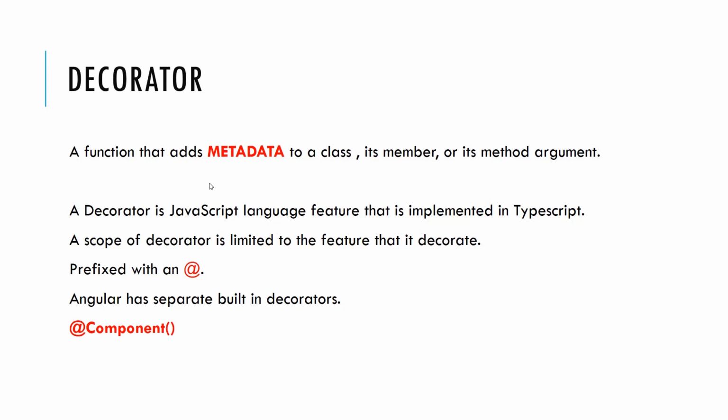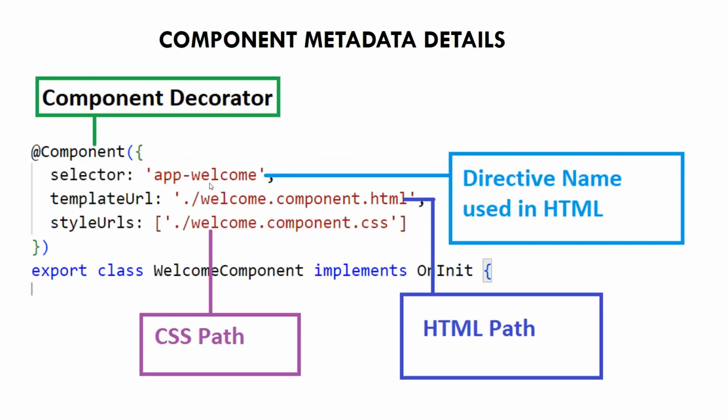In Angular we decorate the class with the @ symbol, for example @Component. So let's now discuss the metadata. As you can see, when the component is generated, we decorate that component with the @Component keyword.